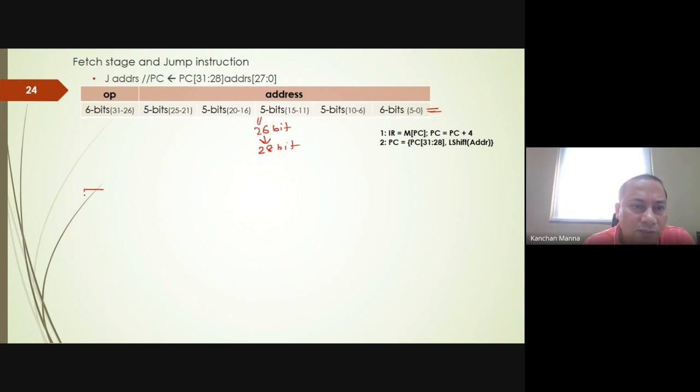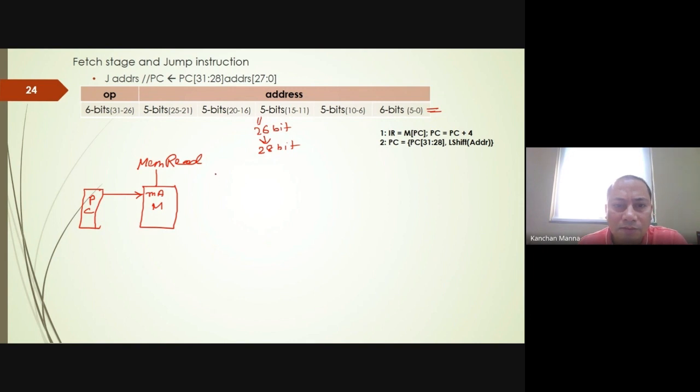So now we have to draw the data path for this instruction. For PC, we have to read the value from the memory, with the mem read signal.